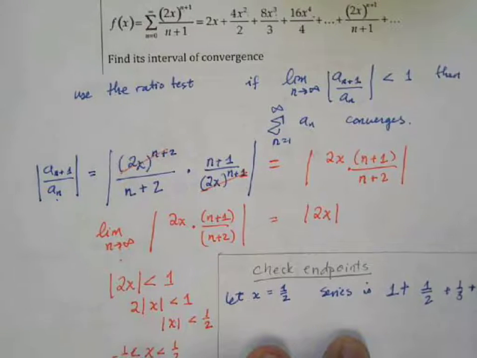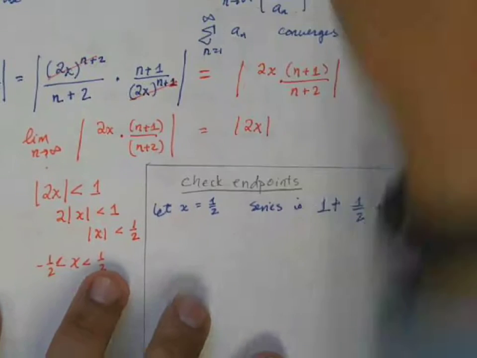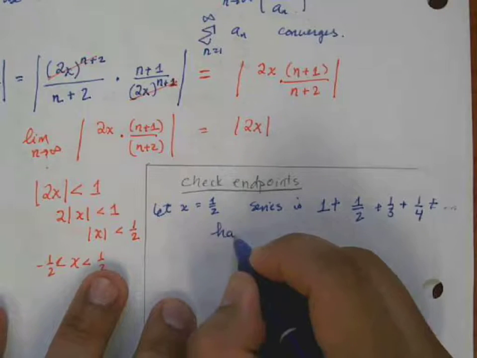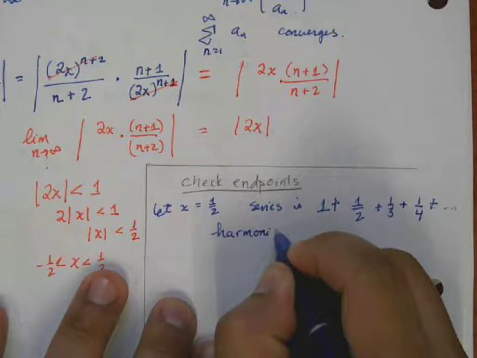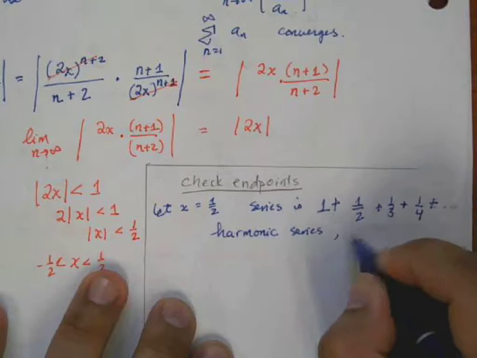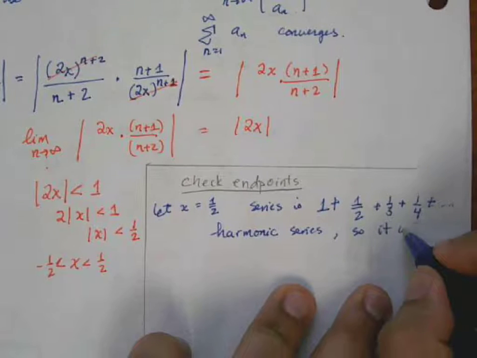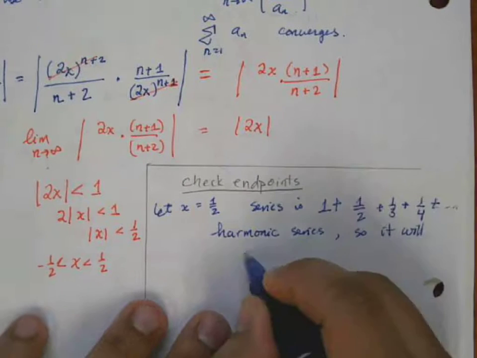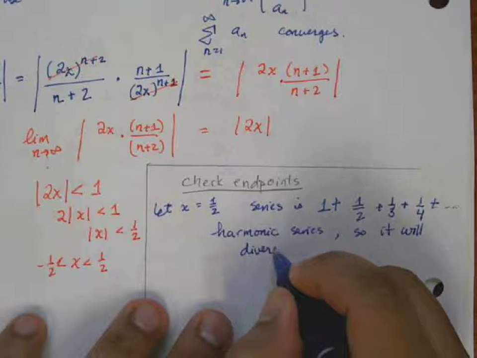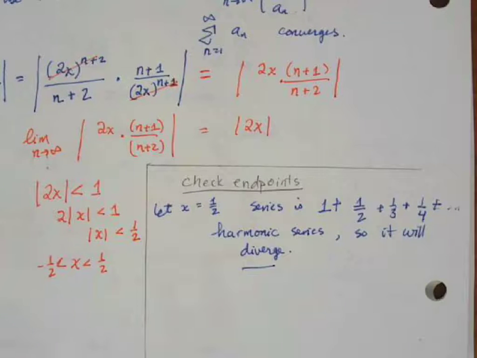So this is none other than the harmonic series, so it will diverge. That's if x was equal to 1/2.